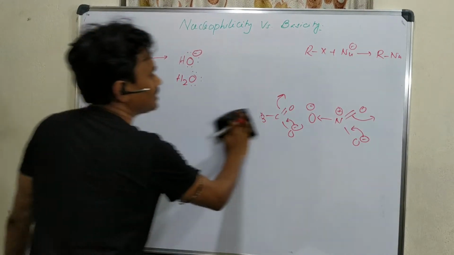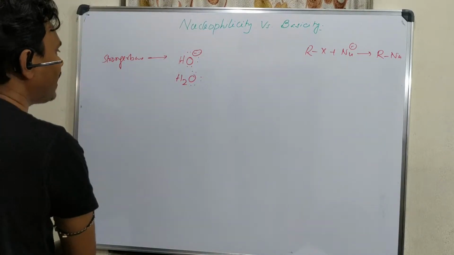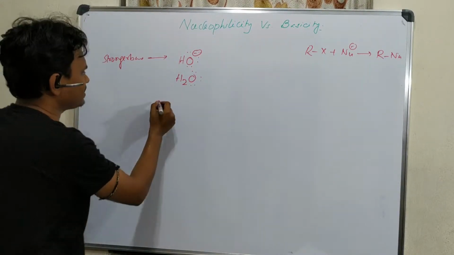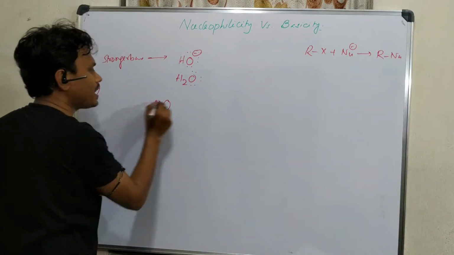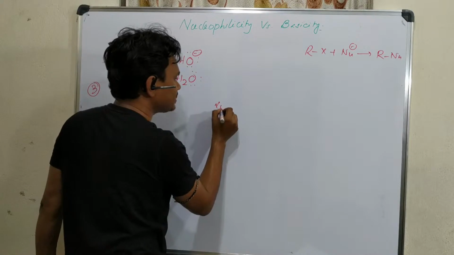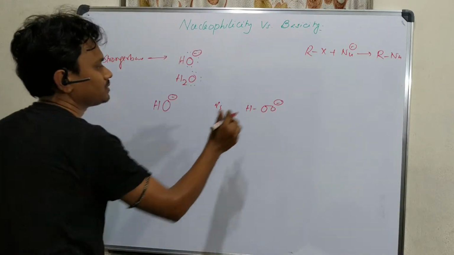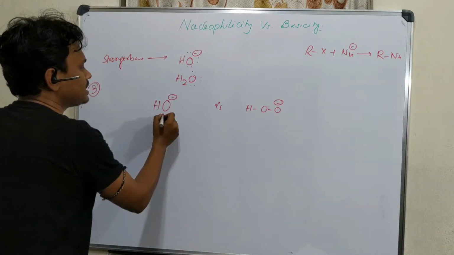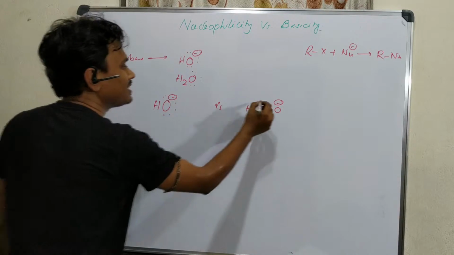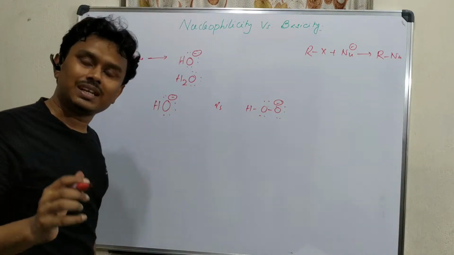Now if the charge factor is also the same, then consider the adjacent atom, for example HO minus versus HOO minus. Here the lone pair repulsion makes it more active, meaning it increases the ground state energy.